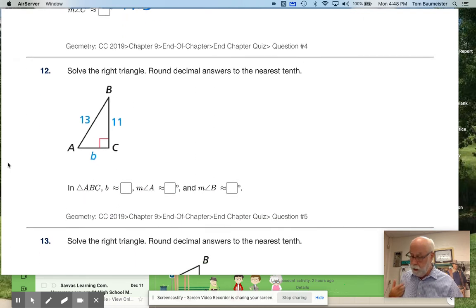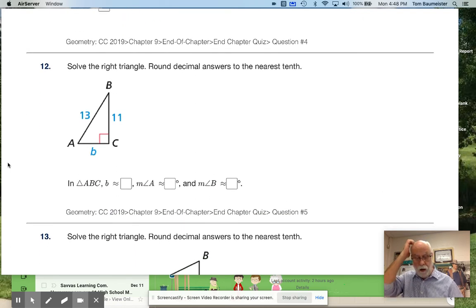Let's see, number 12, solve the right triangle, round decimal answers to the nearest tenth. So again, the first thing we did, remember we talked about using the Pythagorean theorem, so I can say that 11 squared plus b squared is equal to 13 squared.